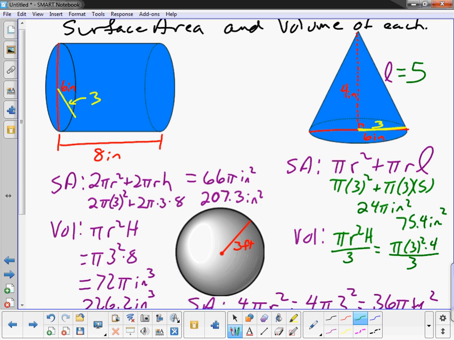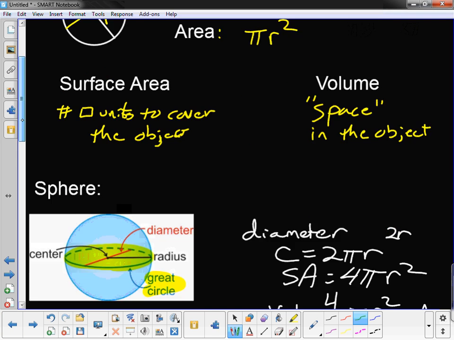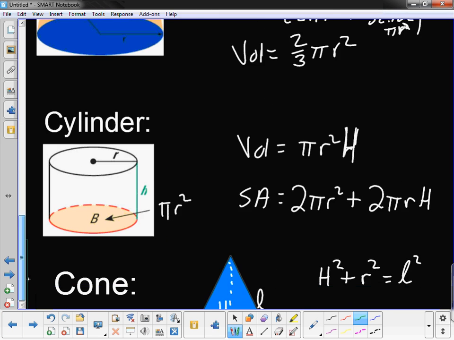Wrote it right, it just didn't look right. 12 pi cubic inches, or approximately, typed in the wrong number there, 37.7 cubic inches. So that's how we calculate surface area and volume of anything that had a circle as part of its construction, whether it's the sphere or the hemisphere or the cylinder or the cone.